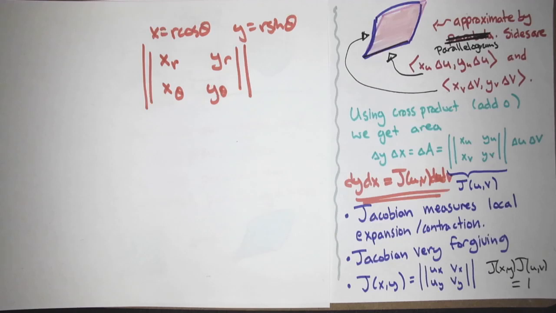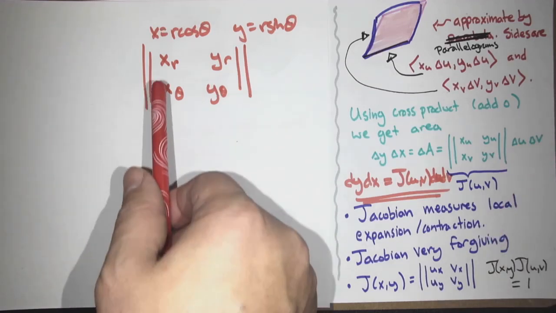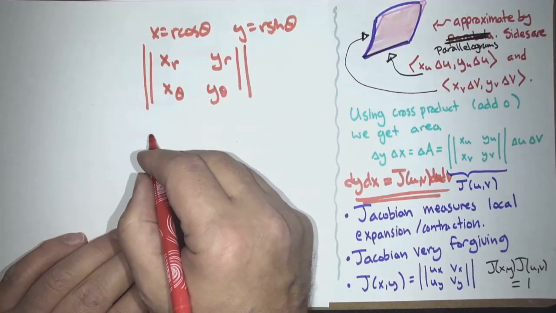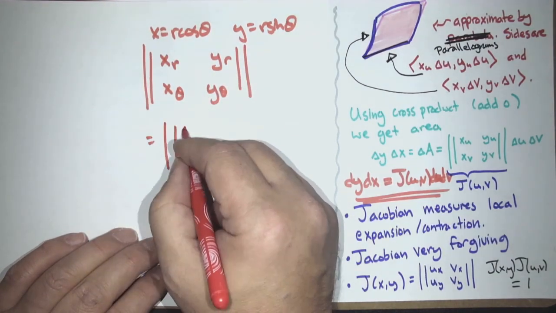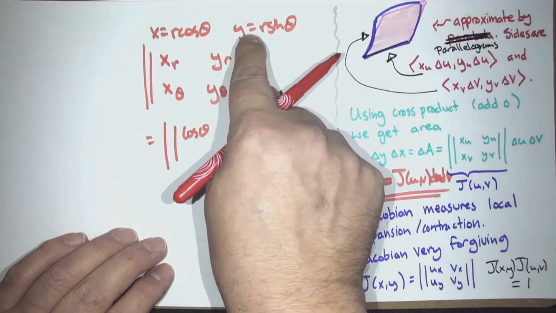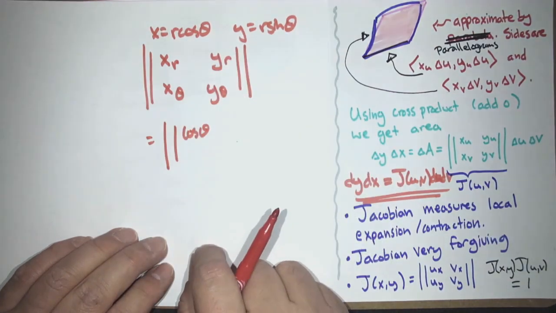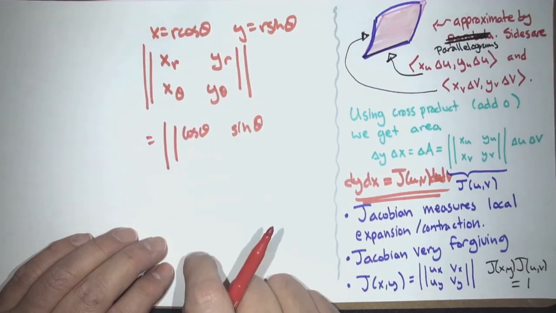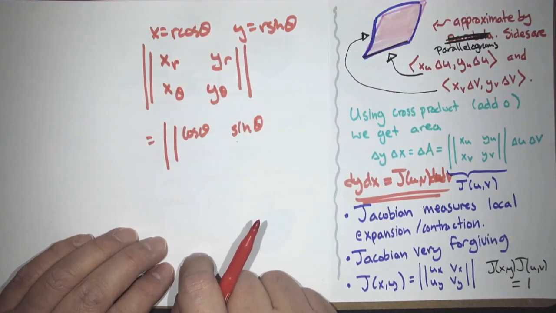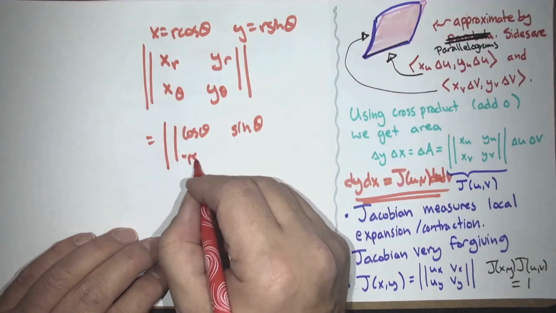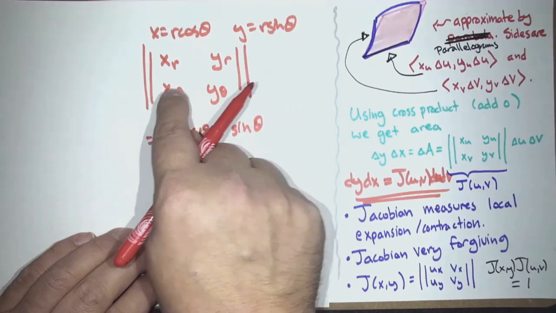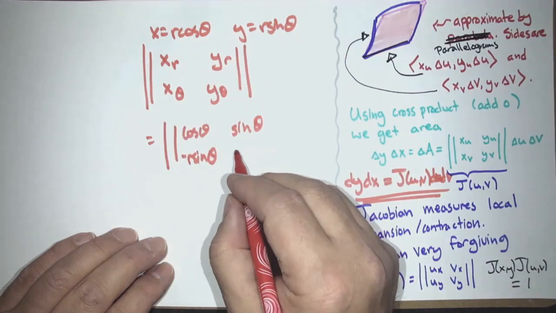Here r and theta are taking the role of u and v. What's the derivative of r cosine theta with respect to r? Cosine theta. What's the derivative of r sine theta with respect to r? Sine theta. What's the derivative of r cosine theta with respect to theta? Negative r sine theta. What's the derivative of r sine theta with respect to theta? R cosine theta.